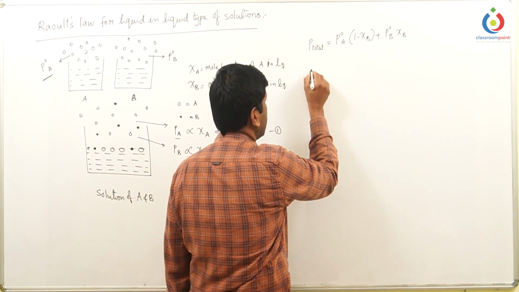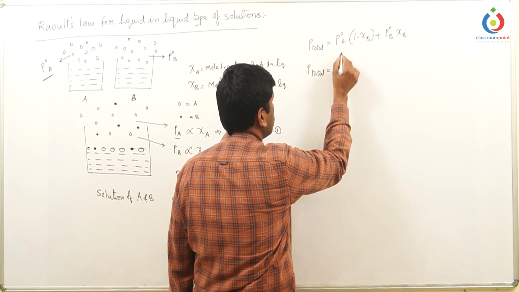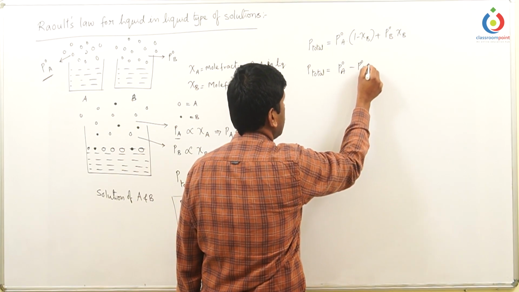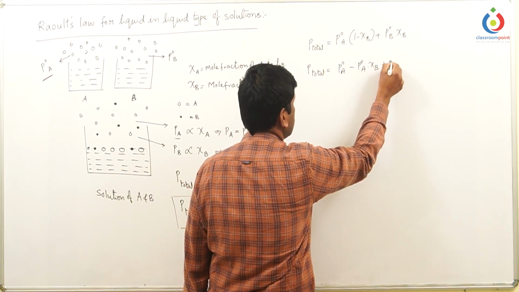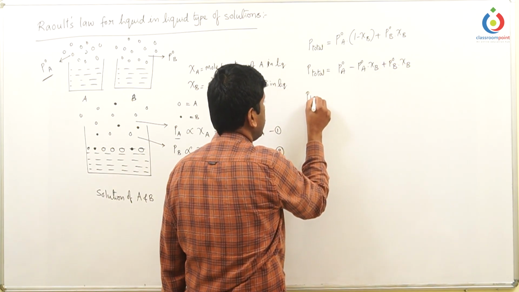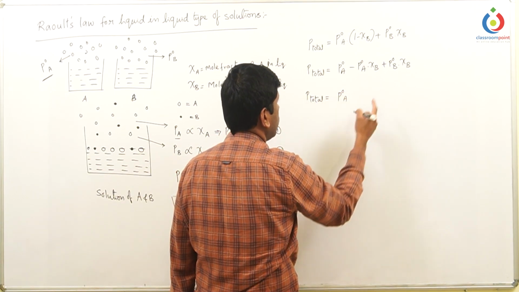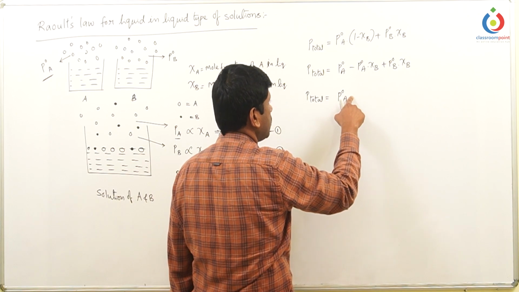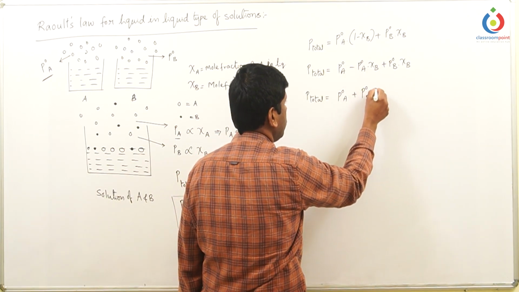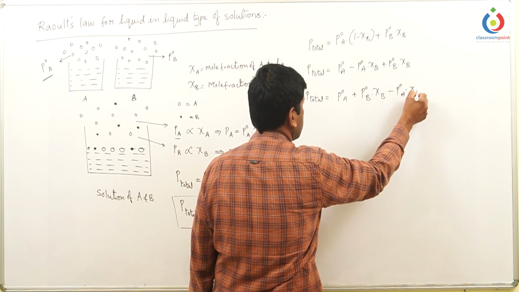So now let us expand this equation again. P total is equal to, just multiplying it, P naught A minus P naught A XB plus P naught B XB. This can be written as P total equals P naught A, with the plus form written first and the minus form later, so plus P naught B XB minus P naught A XB.